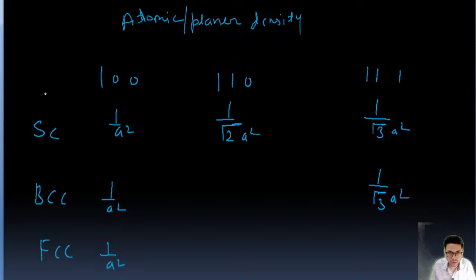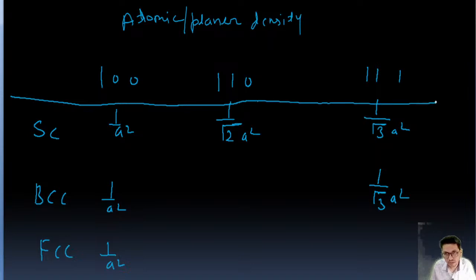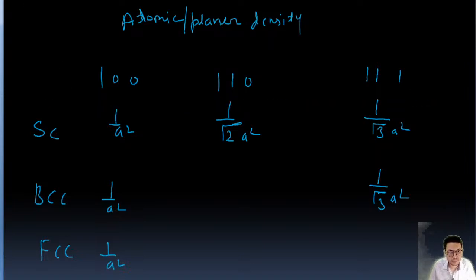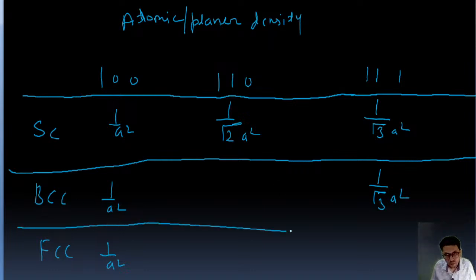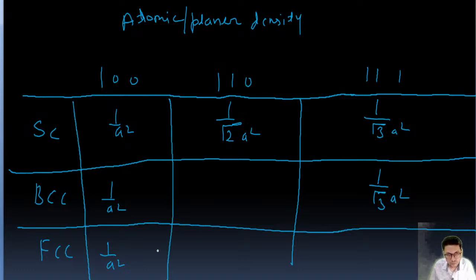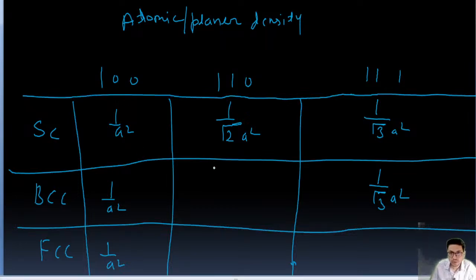So this position we have to change. So this is going to be 2 upon root 2 a square and 2 upon root 2 a square. And this is 4 upon root 3 a square.